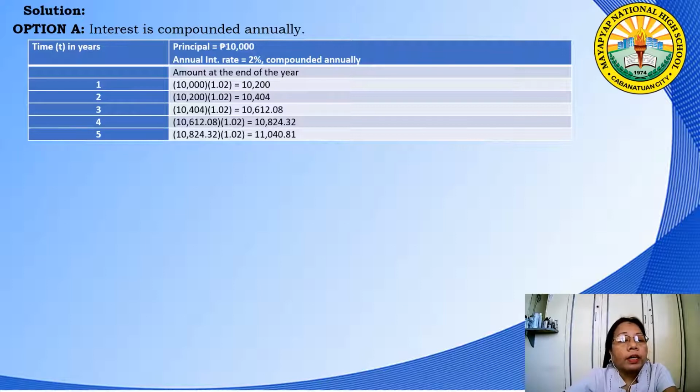At the start of the second year, the amount at the end of the year is 10,404. Then the third year, 10,612.08. Fourth year, 10,824.32. And in the fifth year, 11,040.81.